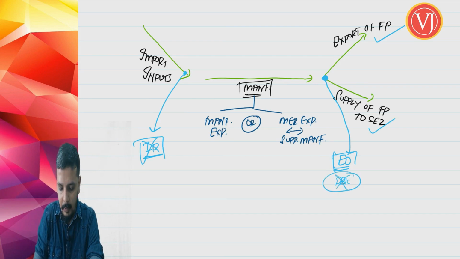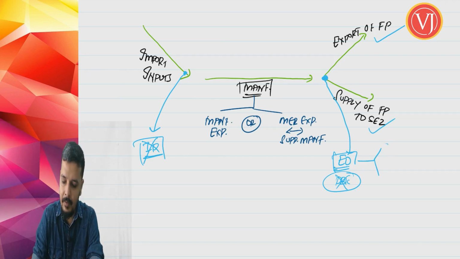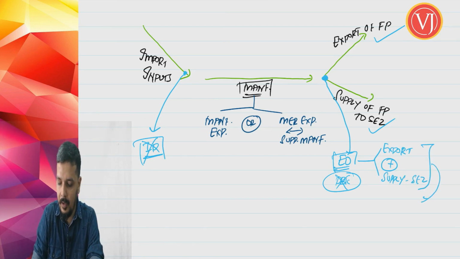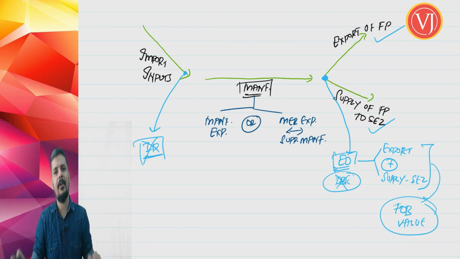Obviously friends, you are not talking about duty drawback. Both will be counted in your export obligation. Your export from India to outside India will be counted, plus your supply to special economic zone will also be counted. Friends, you are talking about your FOB value, which will be counted for your export obligation. Normal scenario. I am starting with a very, very normal scenario.